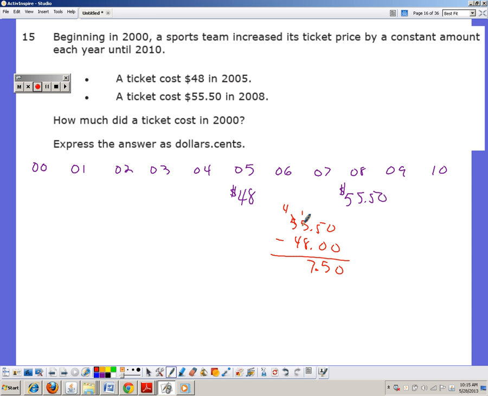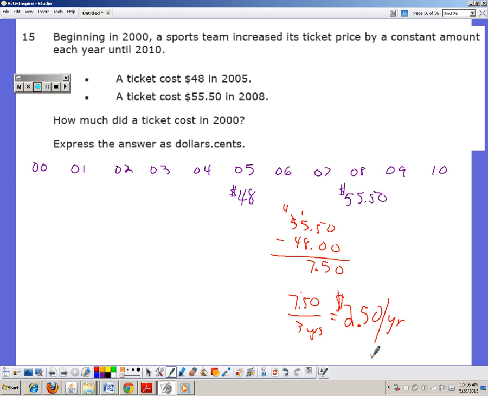That is 3 years. So we're going to do $7.50 divided by 3 years. And that gives us $2.50 per year. So it goes $2.50 per year.